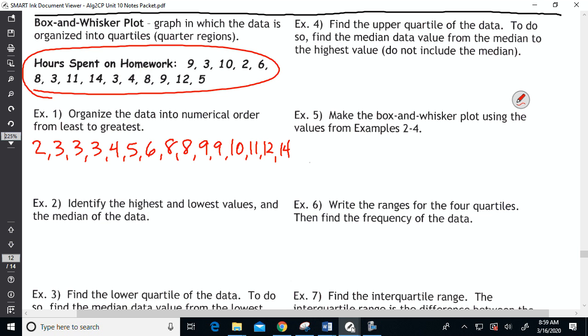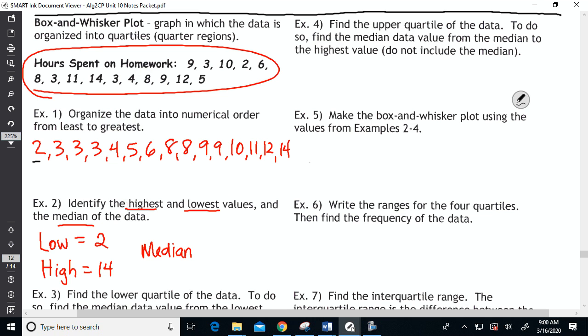Next thing, identify the highest and lowest values and the median of the data. So we need the highest value, lowest value, and the median. So the lowest and the highest value is pretty simple. Low value, whatever the lowest number was. High value, whatever the highest number was. The median, of course, is still whatever the middle number is.